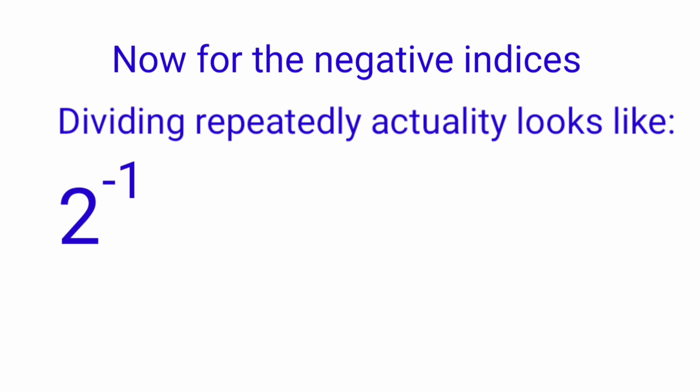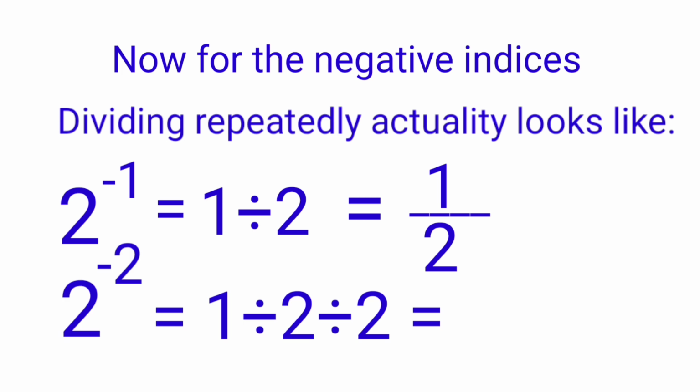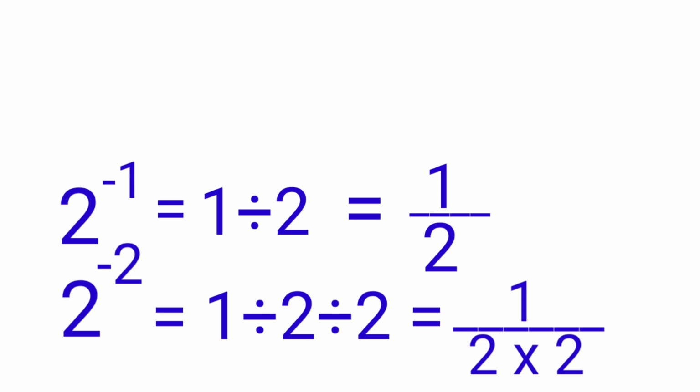So we have 2 to the negative 1, that is just 1 divided by 2. Check out this now, that is also equal to 1 over 2, right? And then 2 to the negative 2 is multiplying 1 over 2 by itself. So that's 1 divided by 2 divided by 2, which looks like 1 over 2 times 2.